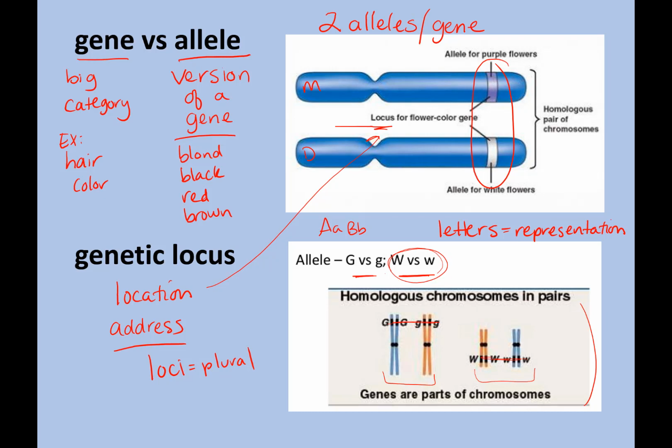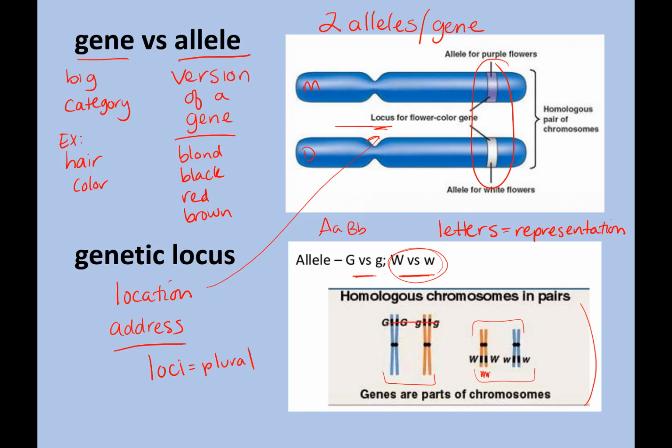They're not identical. These are sisters, and the sisters are identical, right? Because sisters have gone through DNA replication, so they're identical. But the ones you get from your mom and the ones you get from your dad are not necessarily identical.